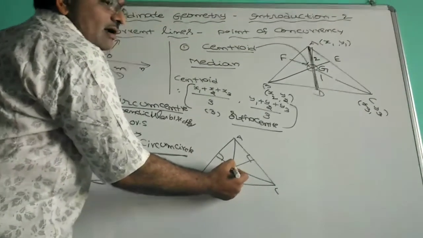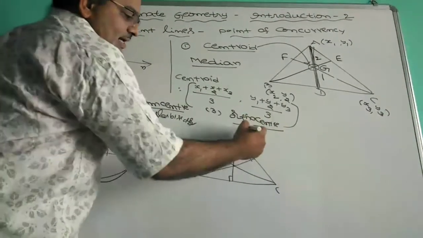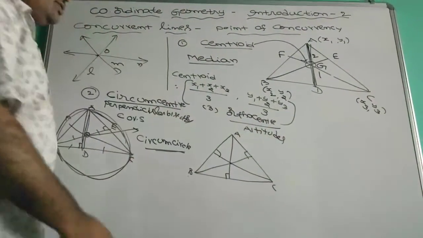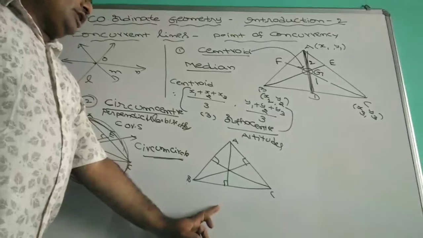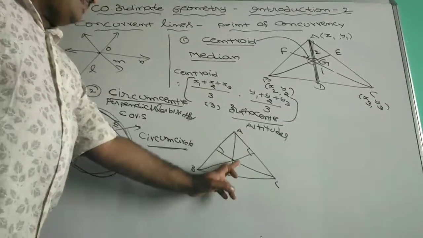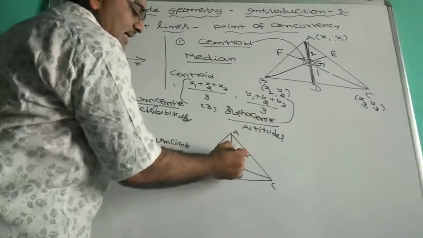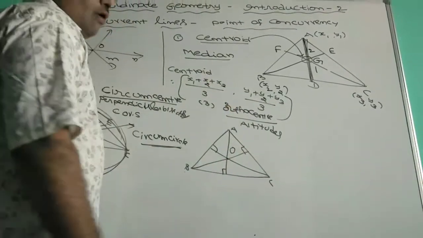That point is called the orthocenter. The important point here is altitudes. It is denoted by the symbol O.